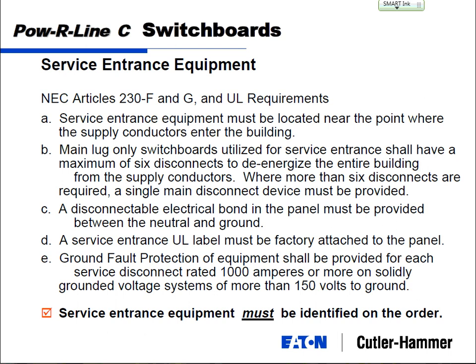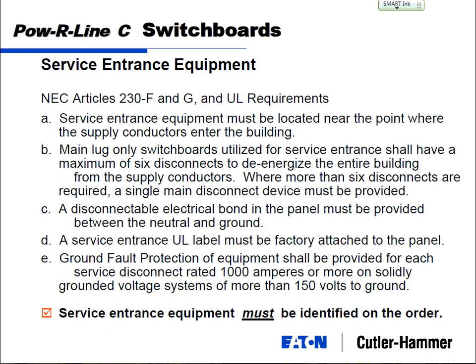So service entrance requires the sticker, the bonding jumper, and the last thing, the important one to remember, is ground fault protection on anything 1,000 amps or more on a 480/277 volt system.